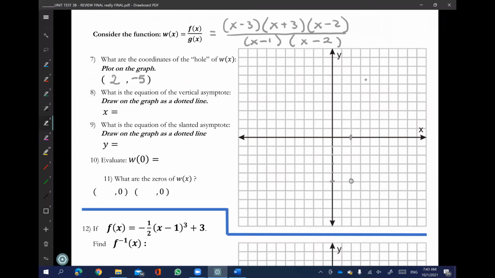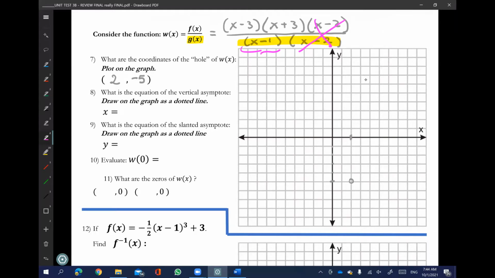Now, for question number 8, to find the vertical asymptote, you need to solve g of x, the denominator, equals 0. Now, you're going to disregard the factor which constitutes the hole that we just did on question 7. Therefore, here you just have x minus 1.